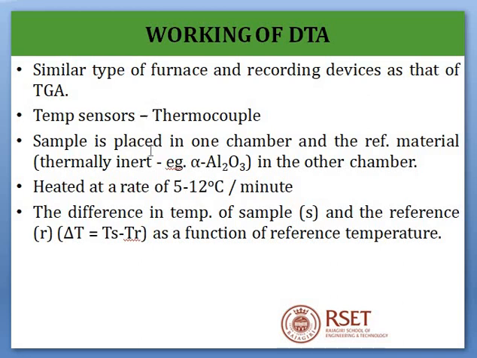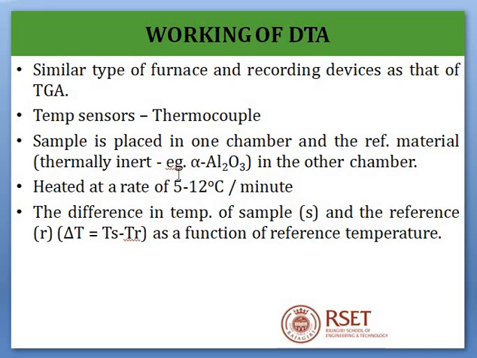And the working of DTA is that first you have to place a sample of 5 to 20 milligram. Next, you need an inert material. The material mainly used is alumina, and it is placed in the sample holder and reference holder.